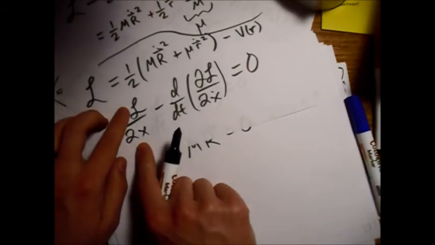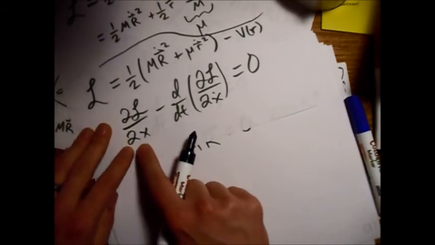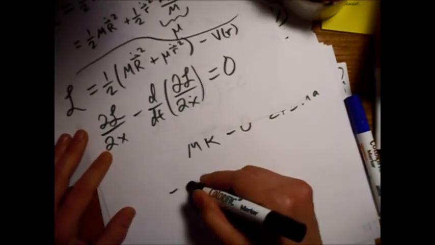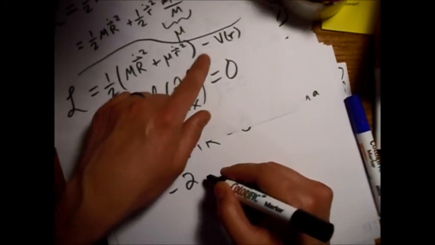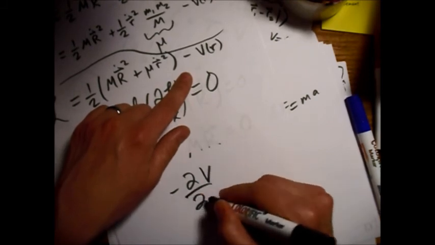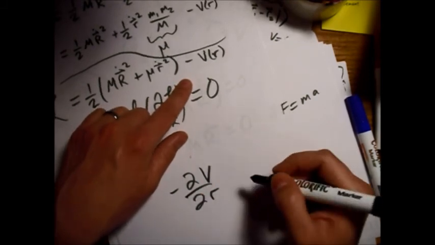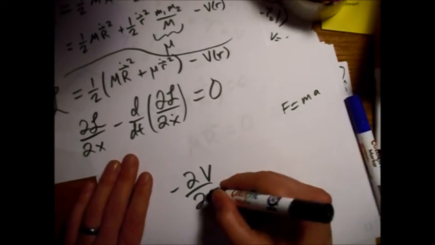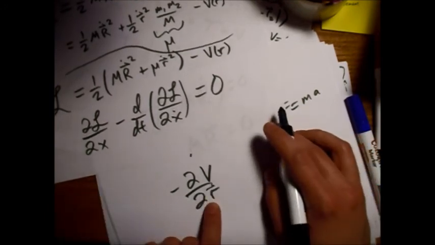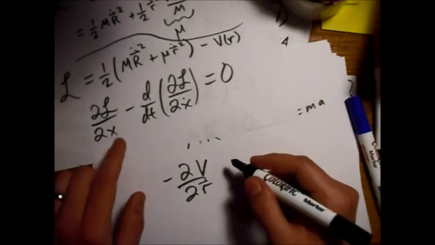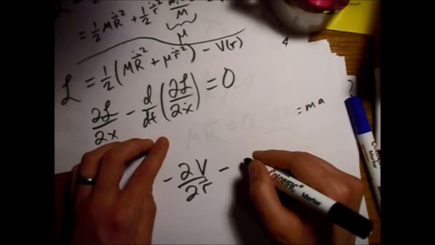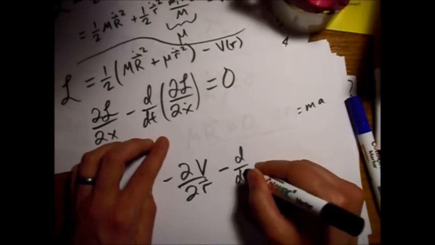First of all, the derivative of the Lagrangian with respect to little r is just going to be the derivative of this with respect to little r. All right, did I do that right? I'm going to put the vector on there. Okay, now take the minus times the derivative.